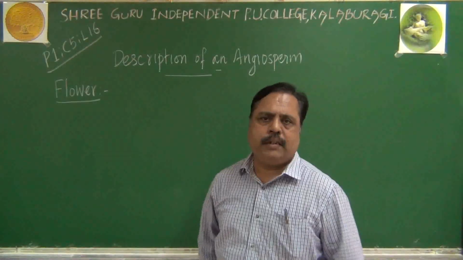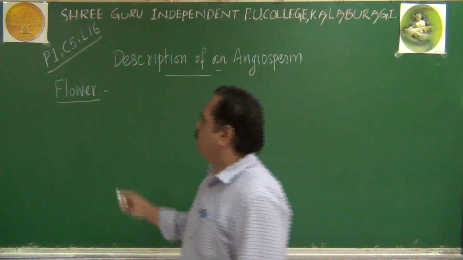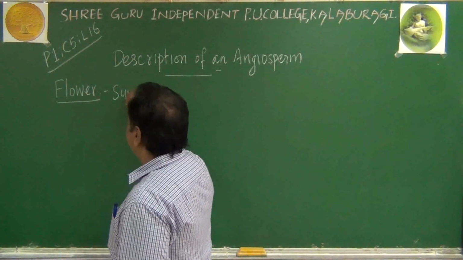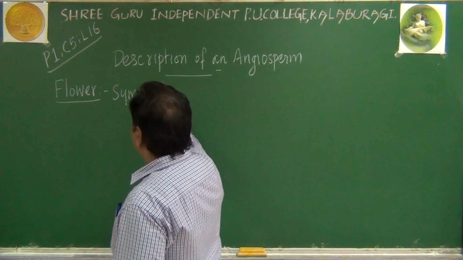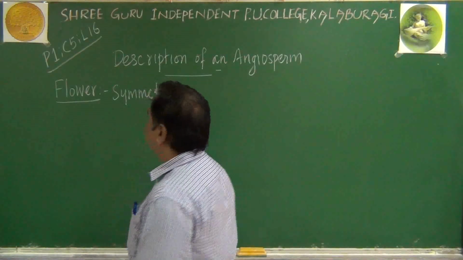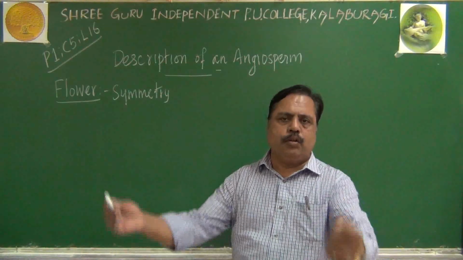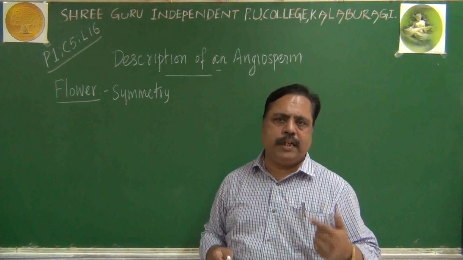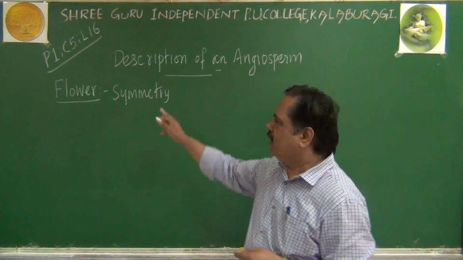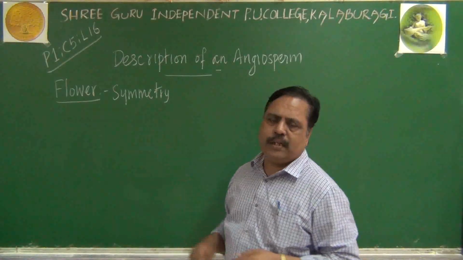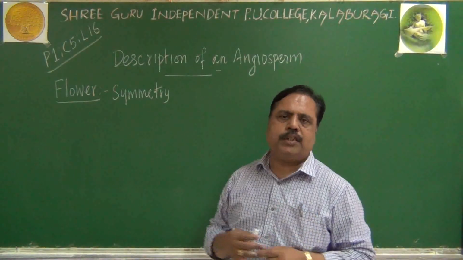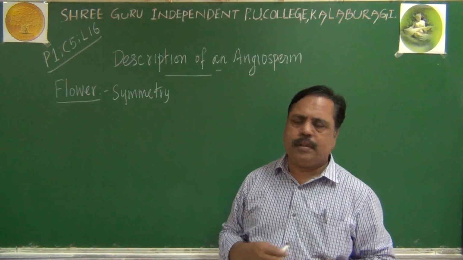First point is, what is the symmetry of that flower, we have to write. Symmetry means an imaginary line which can divide a flower into two equal parts. You know bilateral symmetry, radial symmetry. Whether it is actinomorphic flower or zygomorphic flower, such a point we can write.